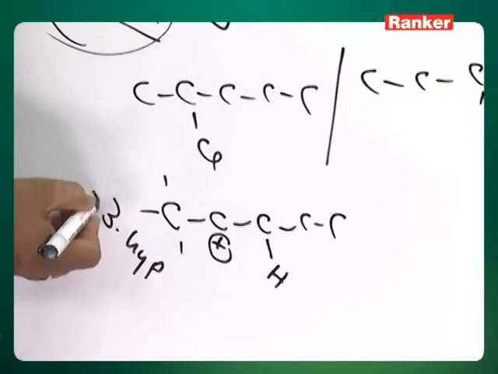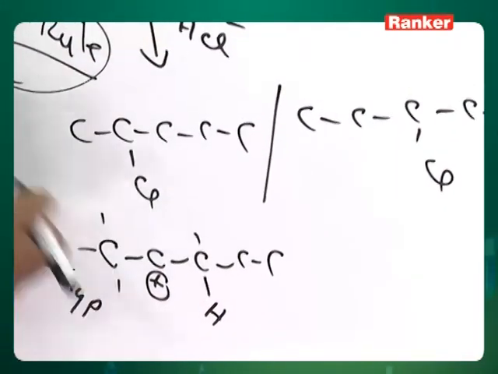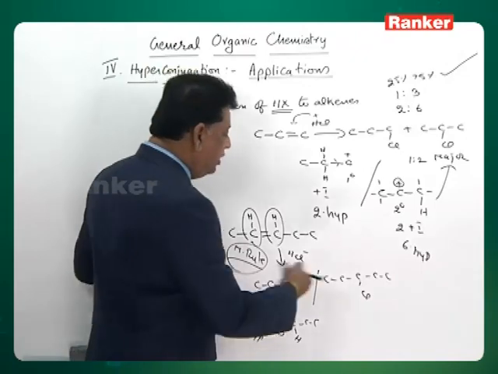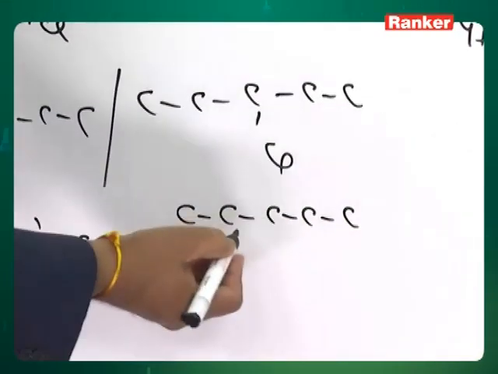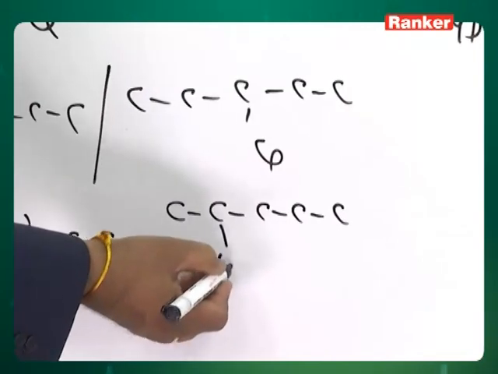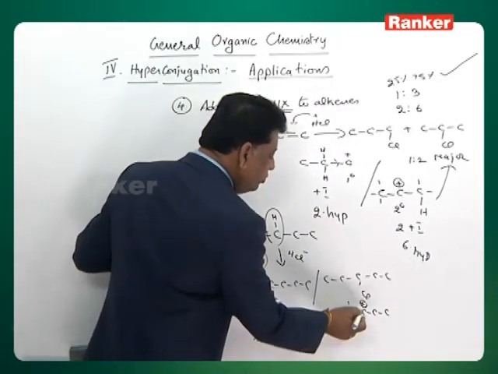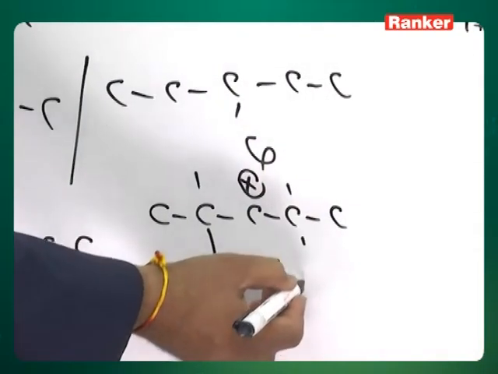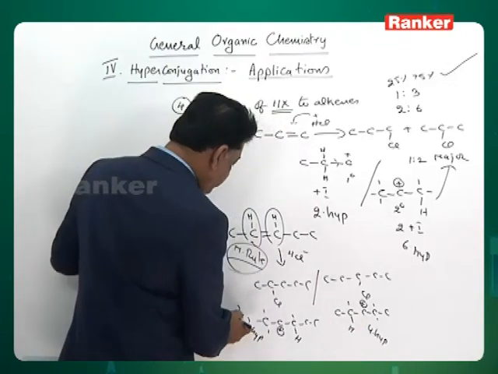So totally 2 plus 3, that is 5 hyperconjugations. Here the hydrogen is added on the second carbon, leaving the carbocation on the third one, which has 2 plus 2, so 4 hyperconjugations.